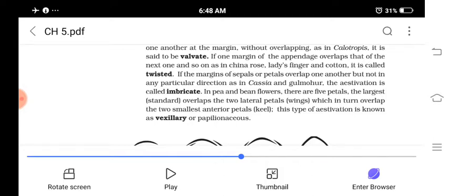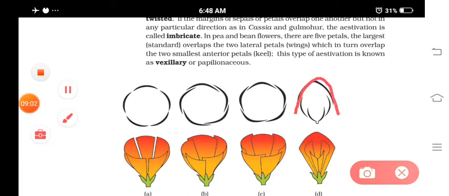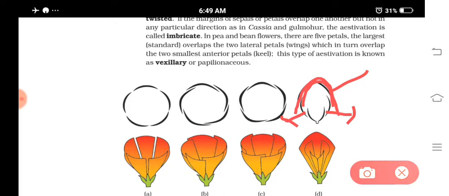The largest petal overlaps the 2 lateral petals, and these in turn overlap the 2 smallest anterior petals, known as keel petals.